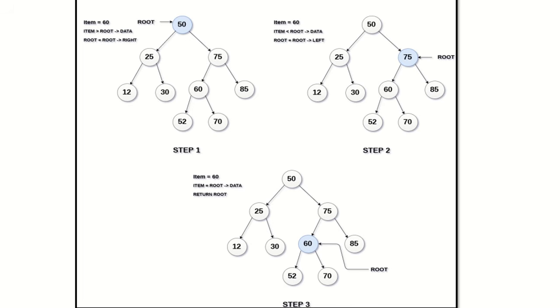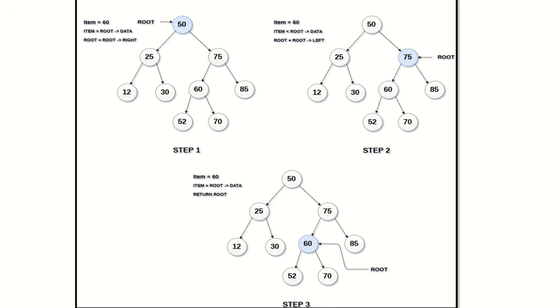So coming back to searching for the element 60, we start with the root node 50. Since 60 is greater than 50, we move to the right subtree. Again, in the right subtree, we have the root node 75. So 60 will be compared with 75. Since 60 is lesser, we move to the left subtree of 75.